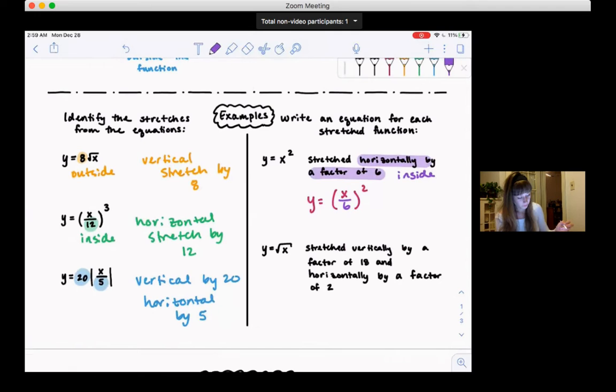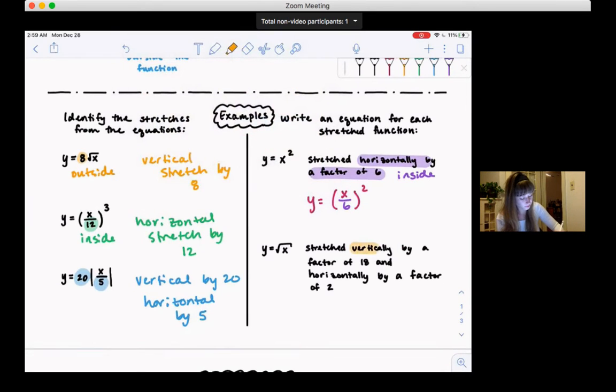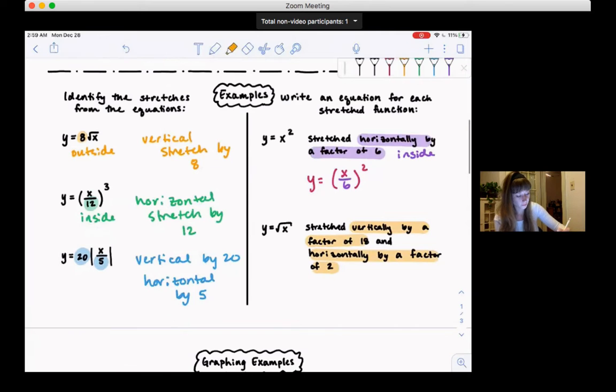Okay, one more. So we have square root of x, and we're going to stretch vertically by 18 and horizontally by 2. So remember, the vertical is outside, and that's multiplication, and the horizontal is inside, and it's division.